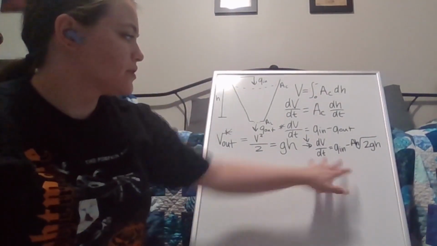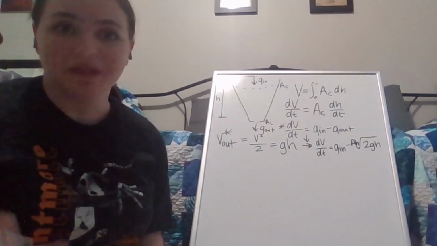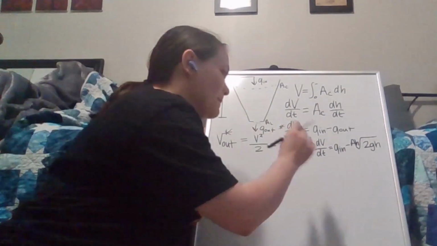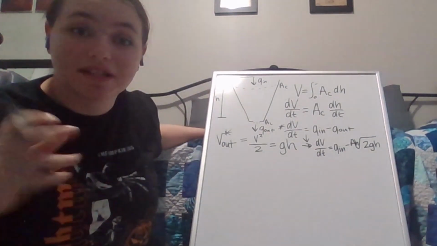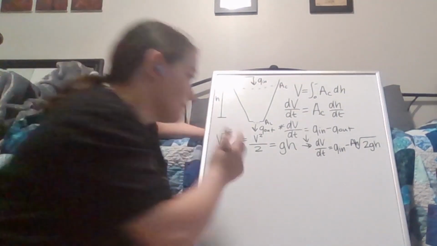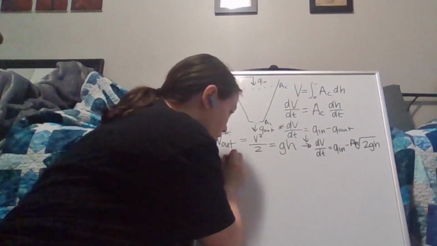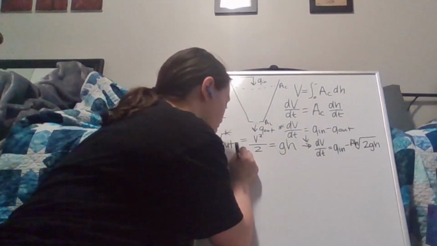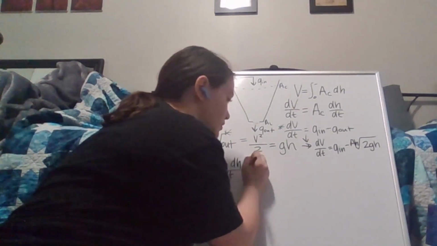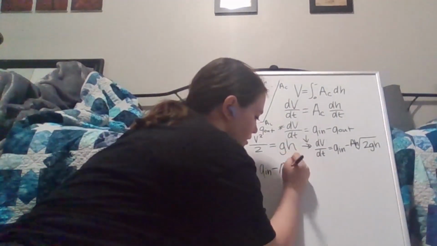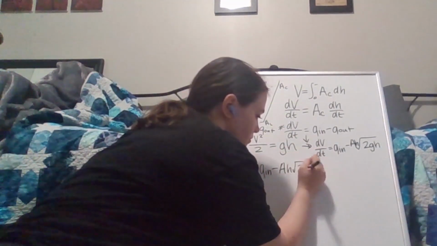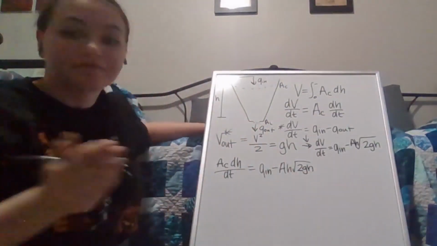Now we can maneuver this around, and it's getting cramped on my screen. We take this and make it a reference of the change of height over time. So that would be the cross-sectional area, dH over dt, is equal to Qin minus AH square root 2gH.